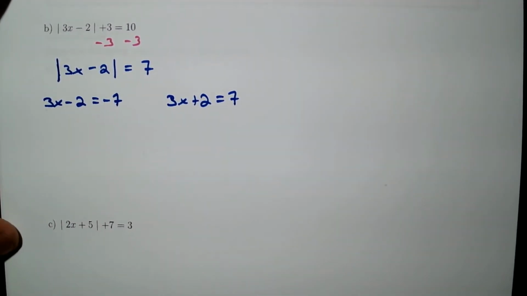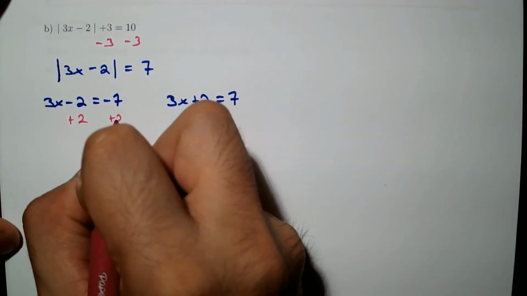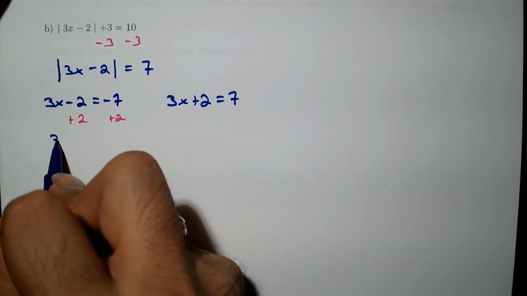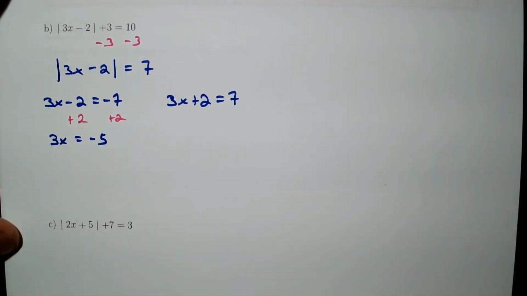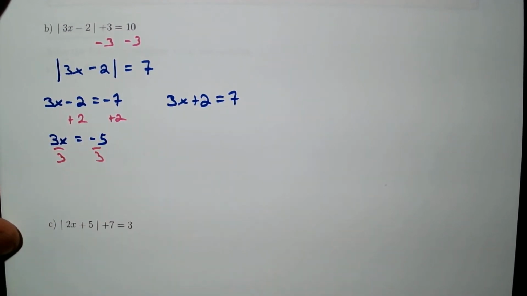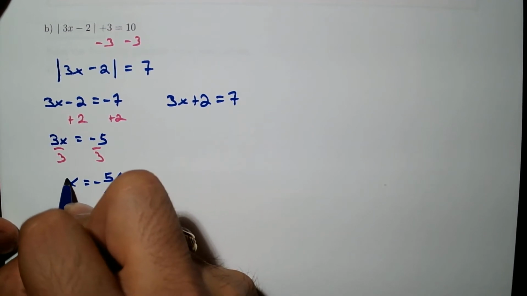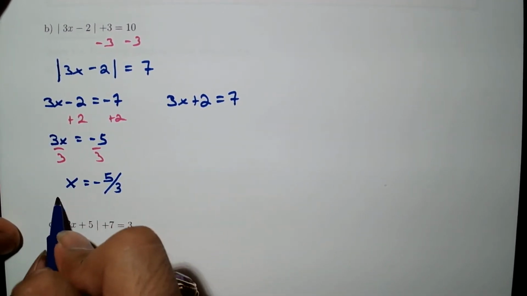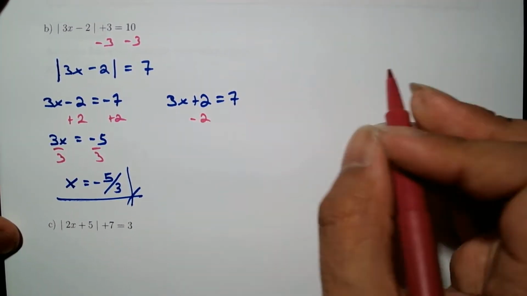What do we do? Add 2 to both sides to get 3x equals 2 minus 7, that's a negative 5, and divide both sides by 3 to get x equals negative 5/3. That's one solution. And the other solution, subtract 2 from both sides.